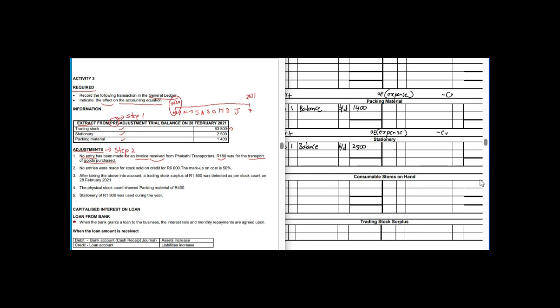Whenever we are buying trading stock, then trading stock will increase on the debit side. And then we'll write that we have 180 rands, and then it was creditors control, and then the reference will be CJ, creditors journal of 108.